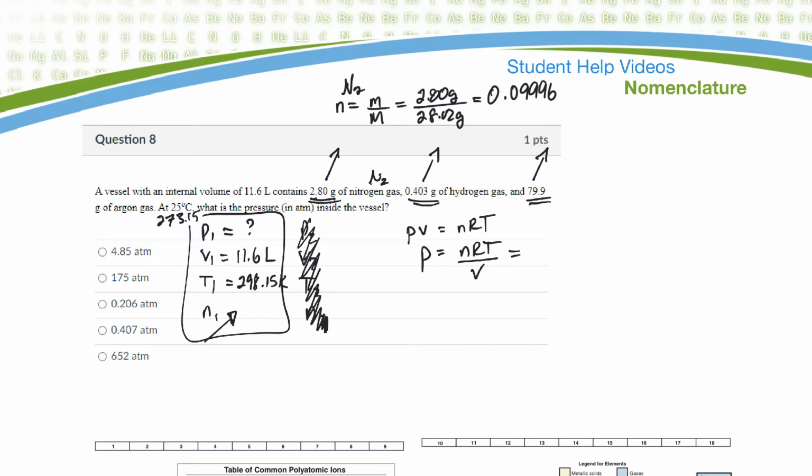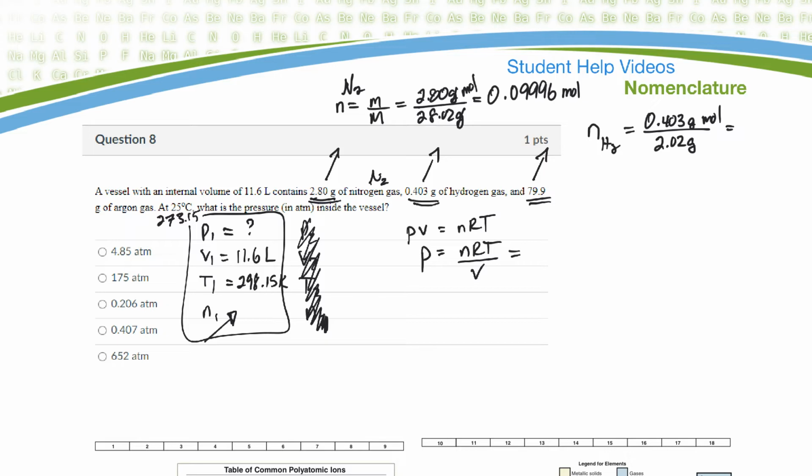I should have done them all on the side here. Now let's do moles of hydrogen gas. That's mass over molar mass, so 0.403 grams divided by the molar mass, grams per mole. Sorry, I forgot that. Hydrogen is 1.01 times 2, which is 2.02 grams per mole.